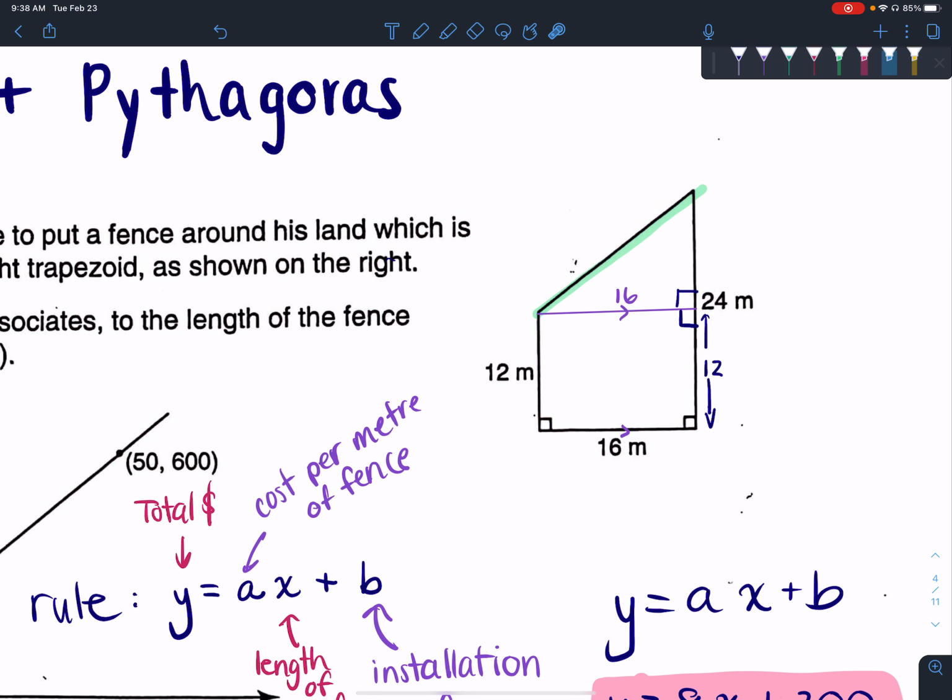And since you know that this entire side is 24, then 24 minus this 12 will give you the remaining side here. So you have that this side is 12, this side is 16, and you're looking for this side.